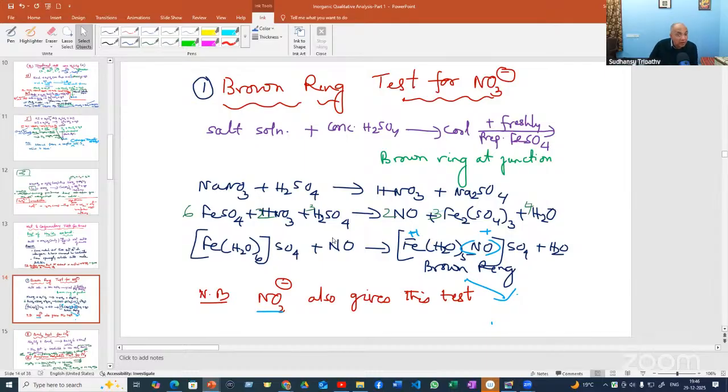And remember, which is not given in your book, that nitrite salt, which we have done so extensively in dry test using sulfanilic acid and then alpha-naphthylamine and then forming an azo dye, those discussions in the dry test can also be used for brown ring.